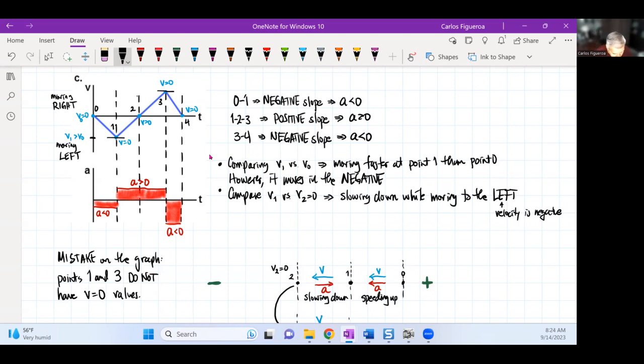Okay, they do not have v equal to 0 values. So instead of erasing it, I'm just going to cross it out to remind you that that is a mistake. So the only places where I have v equal to 0 is at point 0, 2, and 4. That is my mistake.